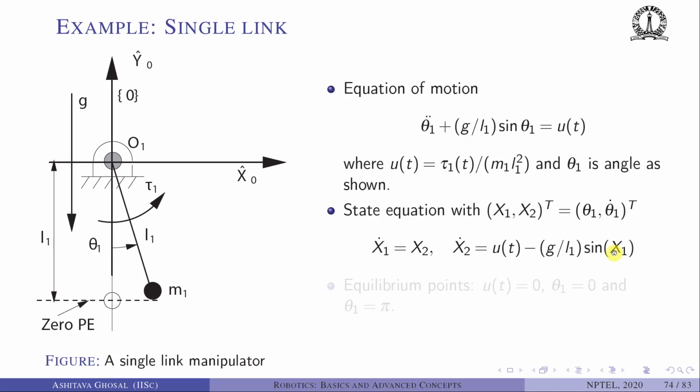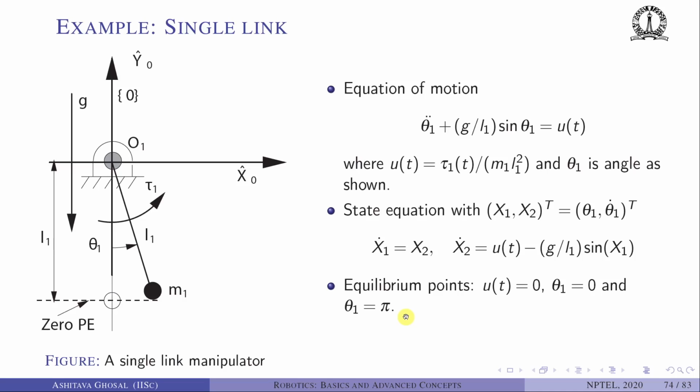So what are the equilibrium points of this system? To obtain the equilibrium points, we have to set f of x equal to 0. So u is 0, and basically we have x2 equal to 0 and g by L1 sine x1 equal to 0. So g by L1 sine x1 equal to 0 means, with x1 being theta1, theta1 is 0 or theta1 is pi, and theta1 dot is 0.